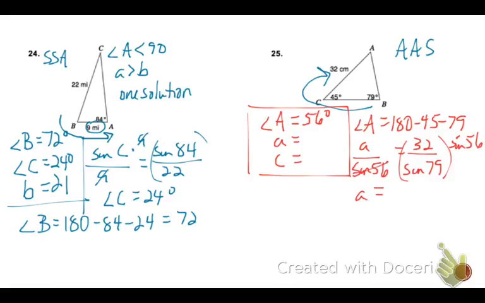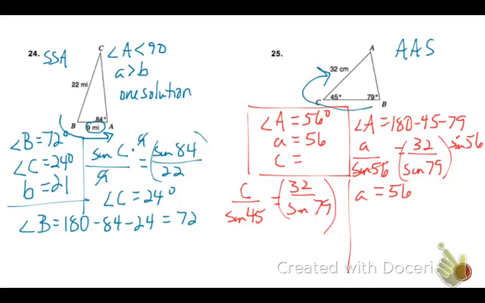So A will also equal 56. All right, and then finally, to find side C, we'll do the law of sines one last time. So C over the sine of 45 equals 32 over the sine of 79. And then we'll take 32, divide by the sine of 79, and take it times the sine of 45.